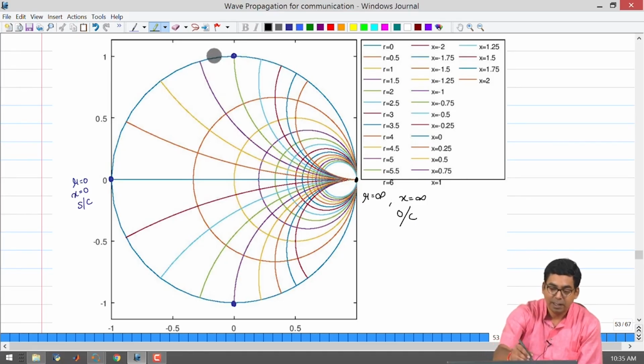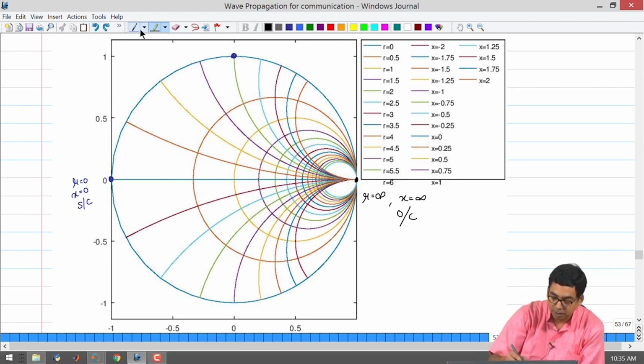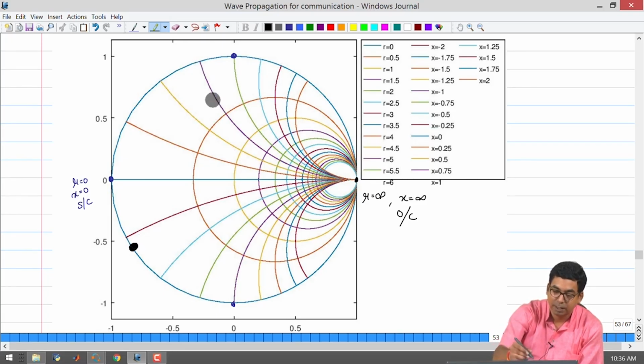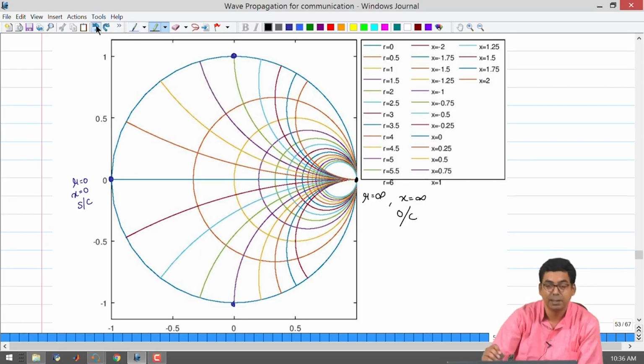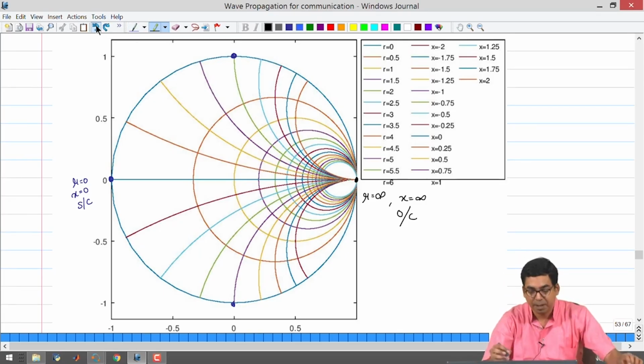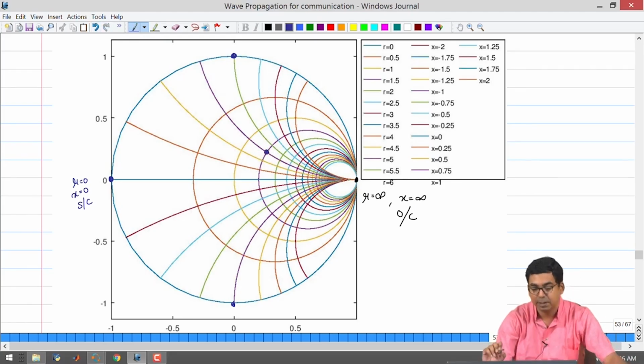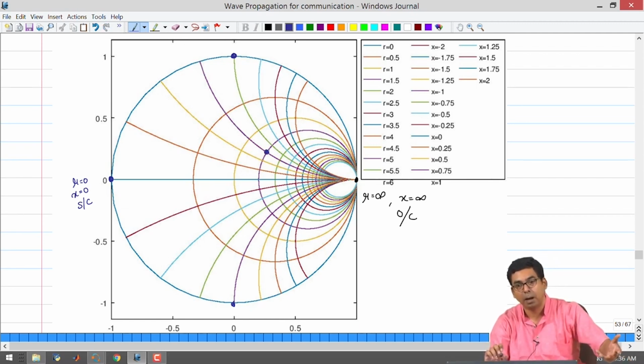You will then identify the circle corresponding to small r, and then identify the circle corresponding to the value of x that you have from your normalized load impedance. You will see whether it is this way or that way, and then take the intersection of those two circles and make a dot. Say for example, I will make a dot over here. This is going to be your load impedance marked on a Smith chart.